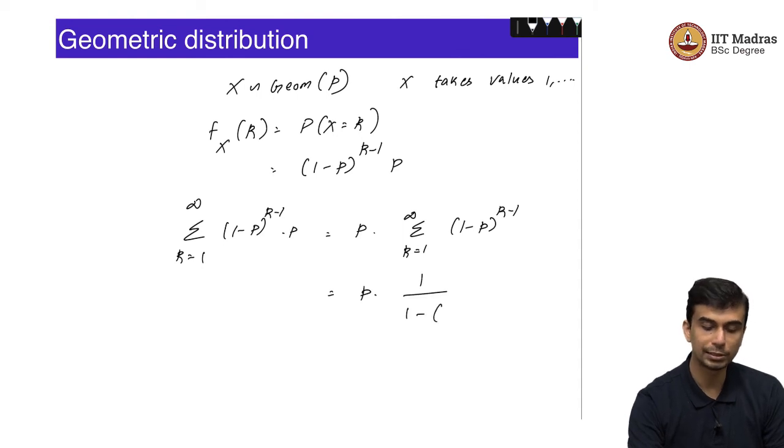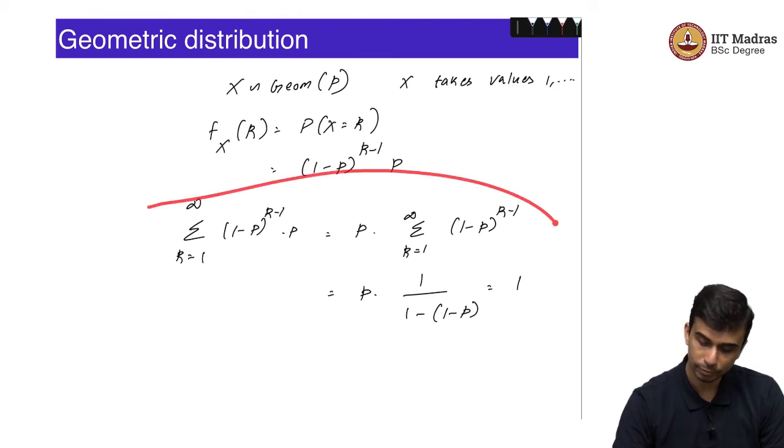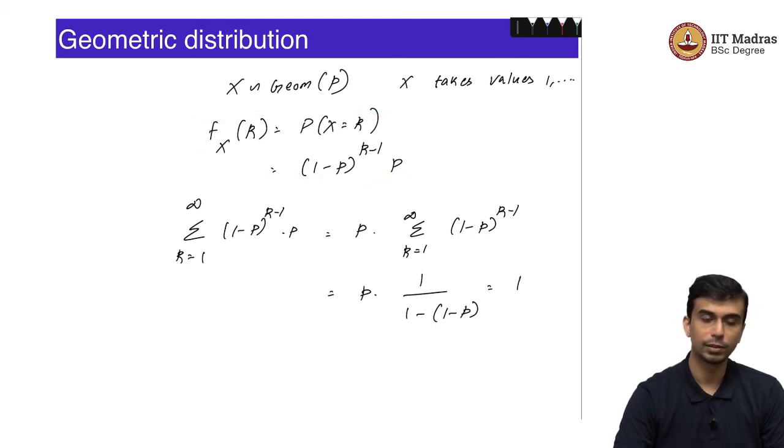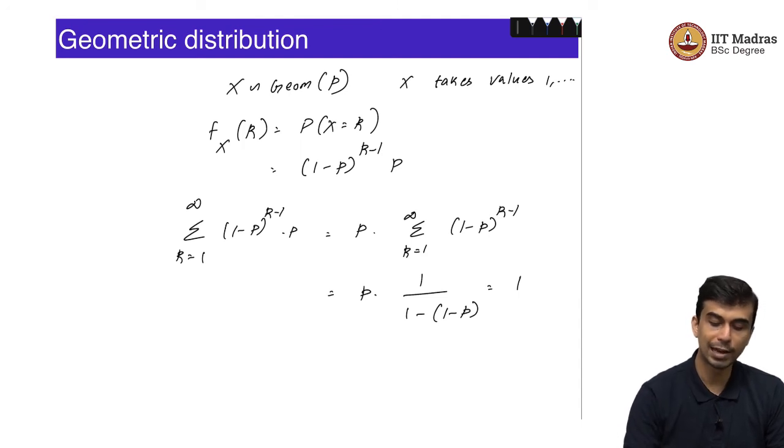So, this is a geometric series, and by the standard geometric series formula this is equal to p into 1 by (1 minus p)... this is equal to 1. Right. So, you have that this does sum to 1. So, this is a valid probability mass function. That is the first thing out of the way.